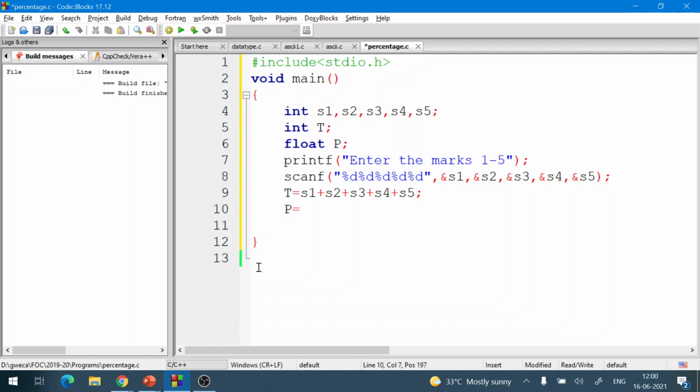There are 5 subjects, and we are expecting that the marks are out of 100, so total divided by 500, and multiplied by 100. Now tell me what will be the problem. Let us run this program for the time being. You will find that there is a small mistake, and if you have watched the previous video, then you will definitely find the mistake over here.